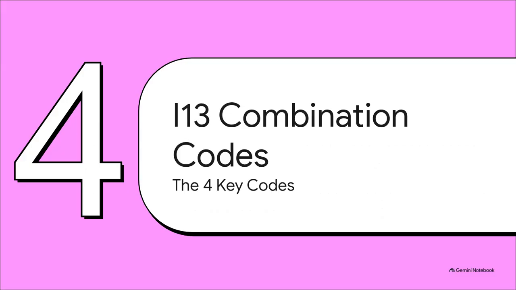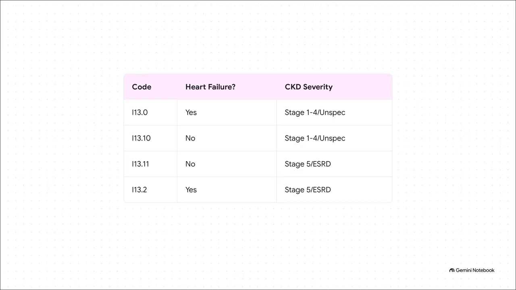Which brings us nicely to Section 4, navigating I-13 combination codes, the 4 key codes. When those three conditions intersect, we unlock the I-13 category, and it really just boils down to 4 distinct combination codes. It becomes beautifully logical once you ask yourself 2 simple questions. First, is heart failure present? And second, how severe is the CKD?